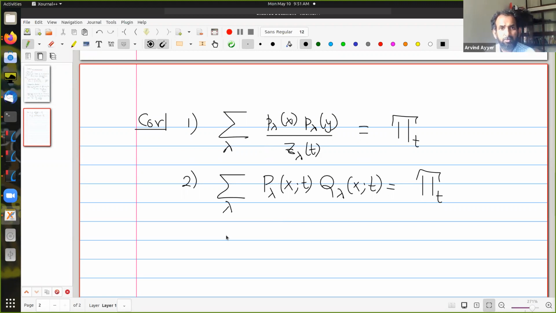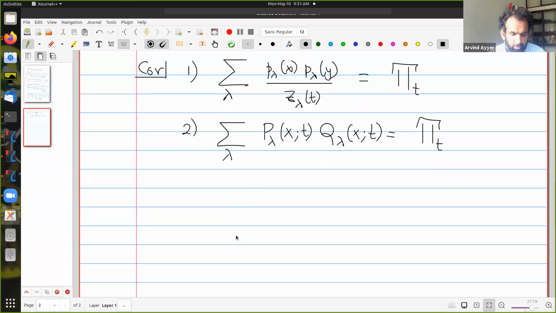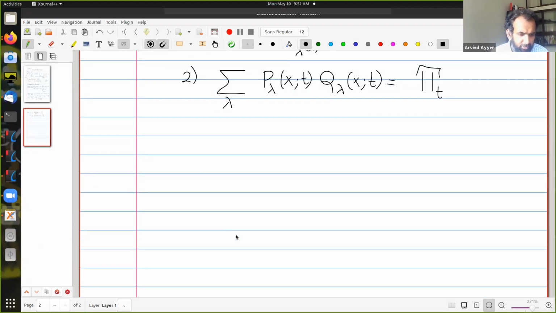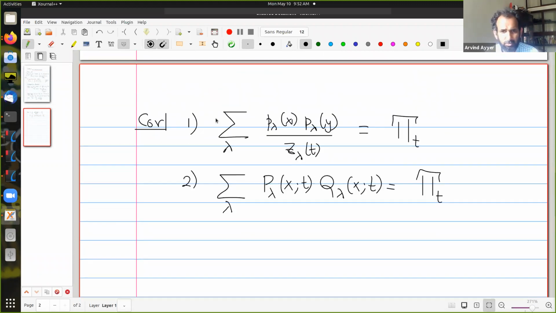Okay, and the third one, I don't know if I defined the S lambdas. Okay, so let me define another basis of symmetric functions. There's another family of symmetric functions which one can define this way.